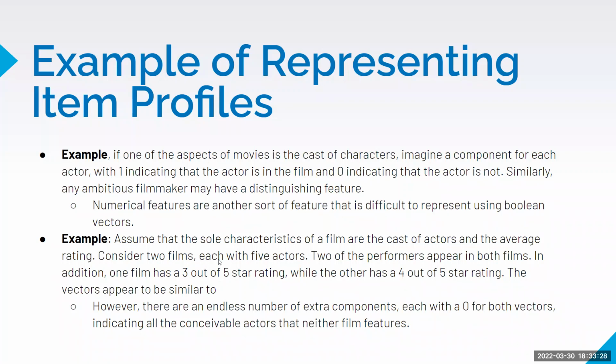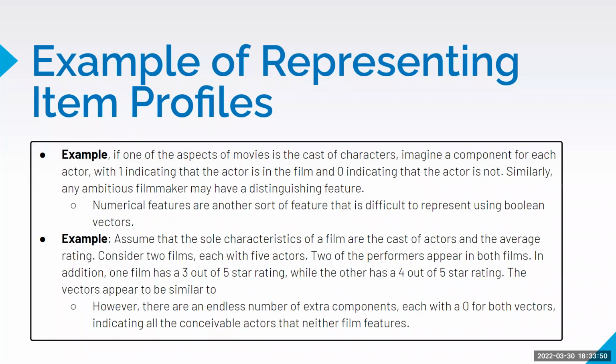Now the vectors appear almost similar. However, there are endless extra components that can be added, each with a zero in both vectors, indicating all conceivable actors that neither film features. And this is an example of item profiles.